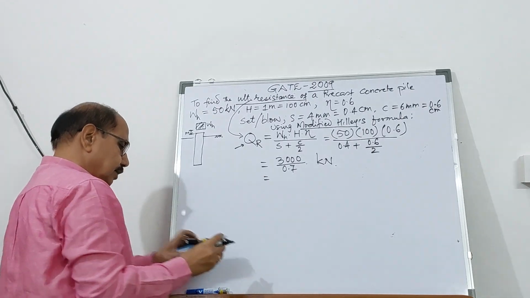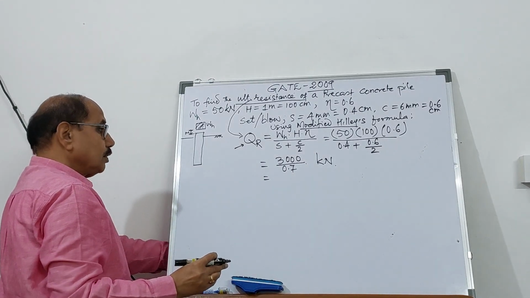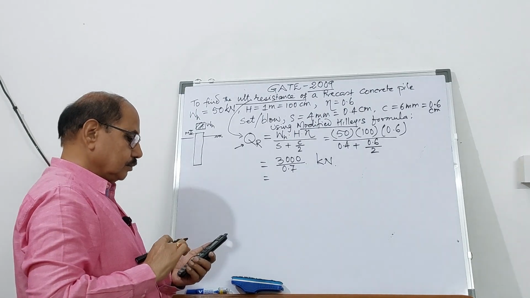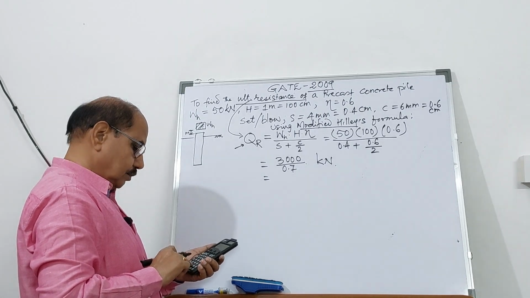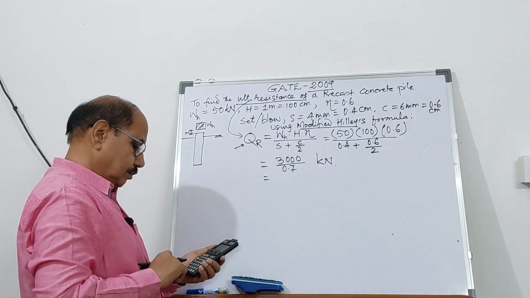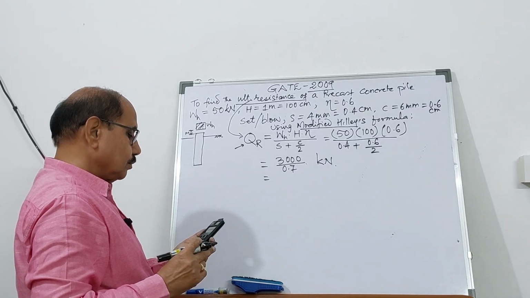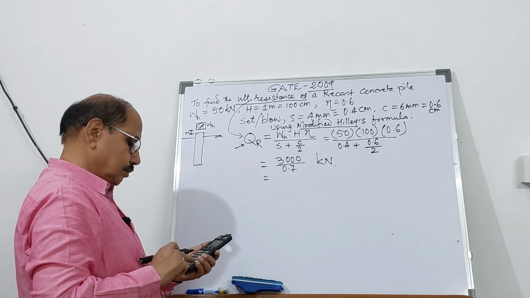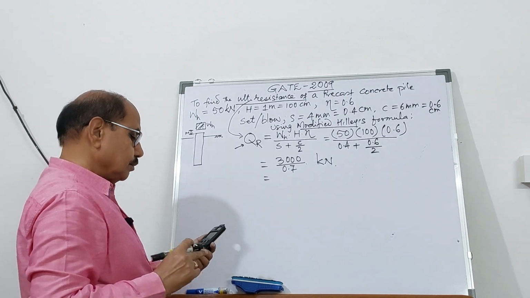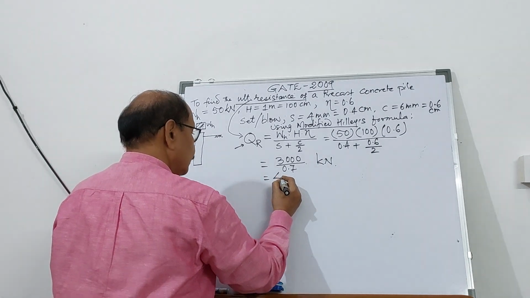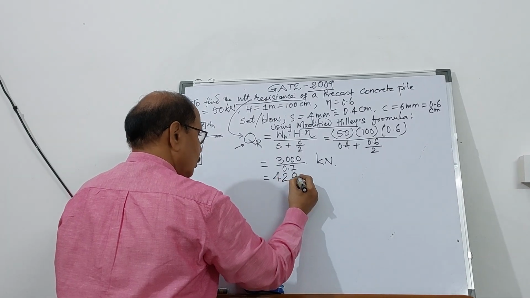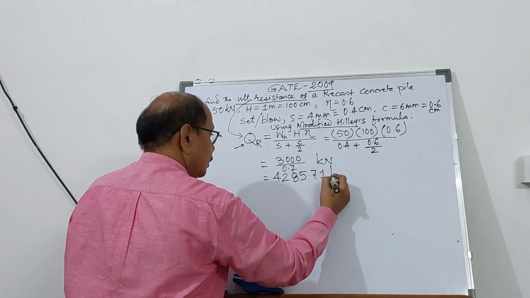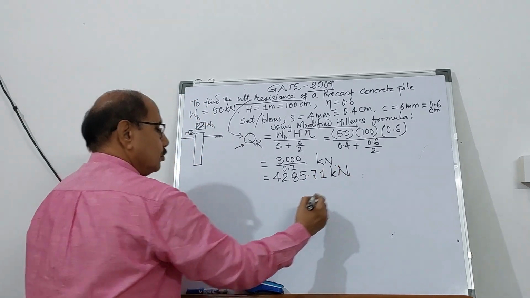So if we compute it, 3,000 divided by 0.7 gives 4285.71 kilonewton.